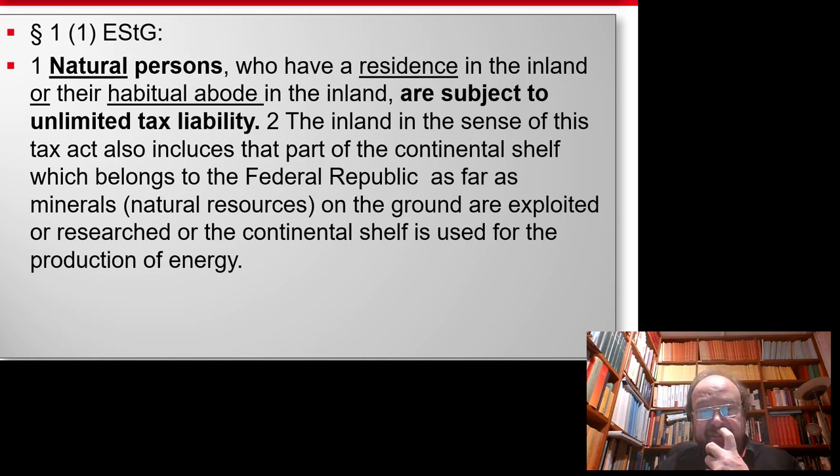Natural persons, yes, we have one. Who have a residence, yes, somebody has a residence. In the inland, yes, are subject to unlimited tax liability. Okay, that proves what we wanted to say. So that's it, and we can go back to the case.